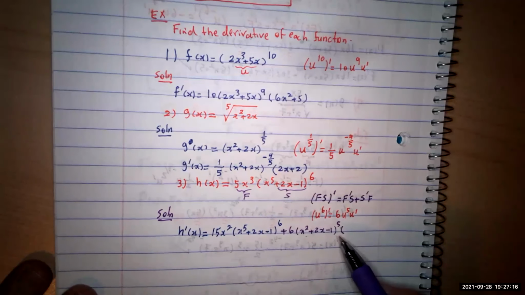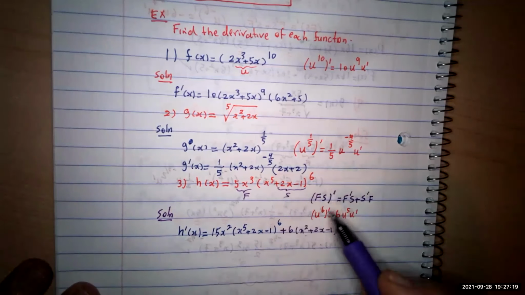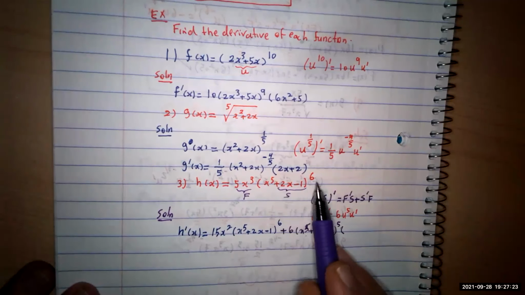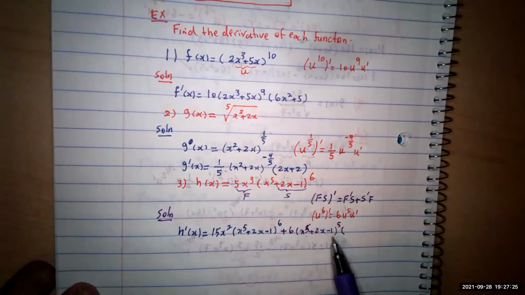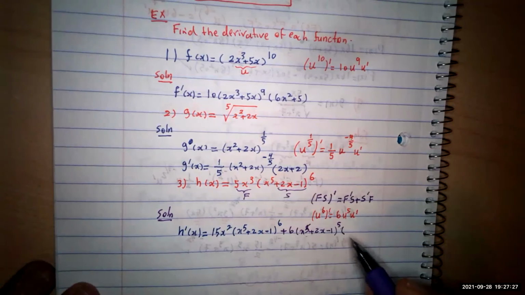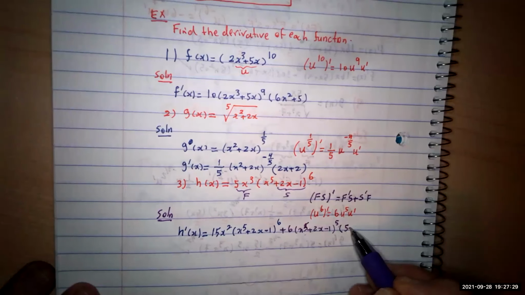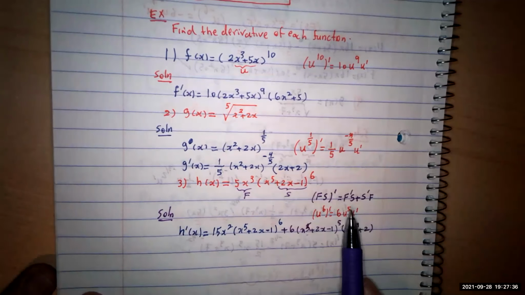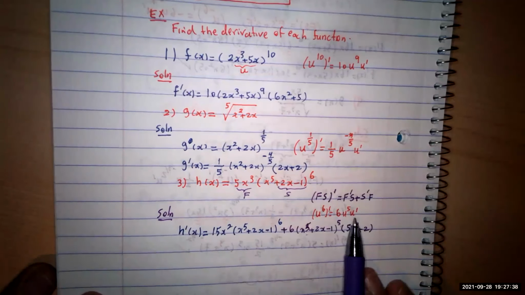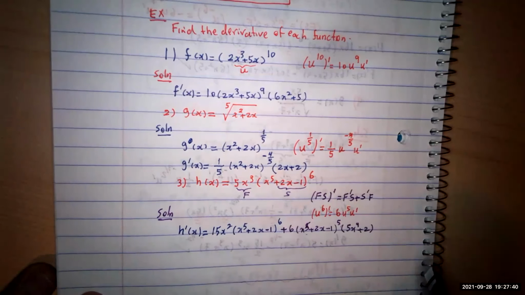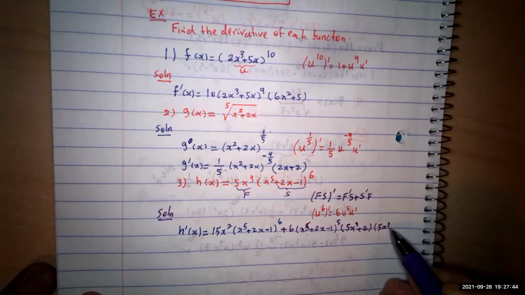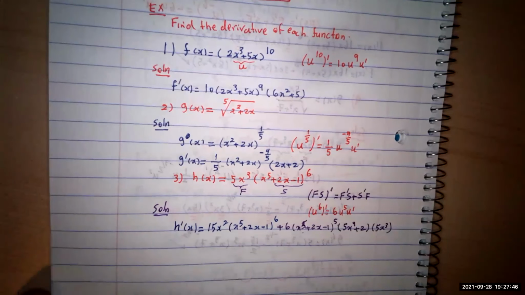Okay, sorry, that's a 5: x to the fifth plus 2x minus 1, that's going to be 6 to the fifth. Now the derivative of the inside would be 5x to the fourth plus 2. Okay, so that's 6u to the fifth times u prime, which is the derivative of the second one. You times it by the first one, 5x cubed. Okay, any question?